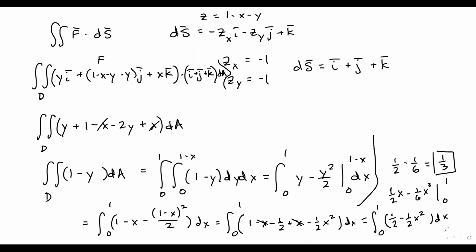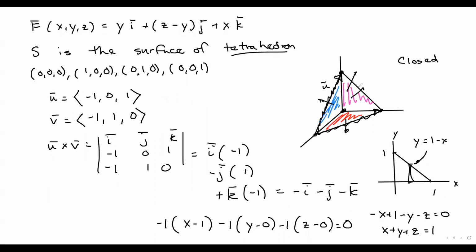So what is that 1/3? That's going to be the flow from our vector field through this front pane that's kind of sticking out toward us. Now that's not the flux across the entire closed surface. That's just one part of the flux. We still have the other 3 sides to go through and calculate the flux across, if we're going to calculate the flux that's going out from the inside of that surface.